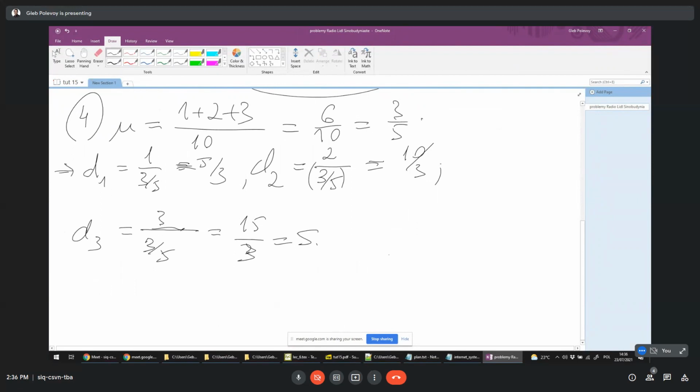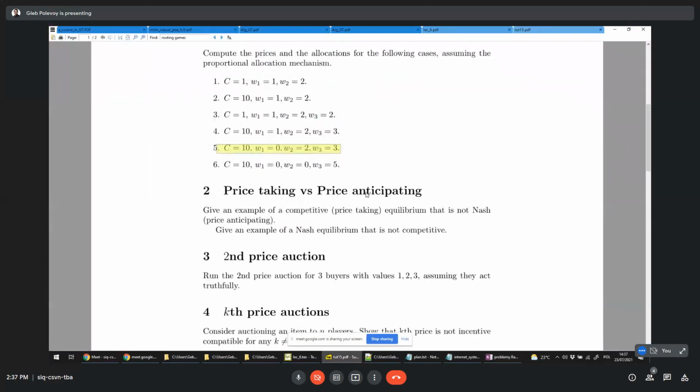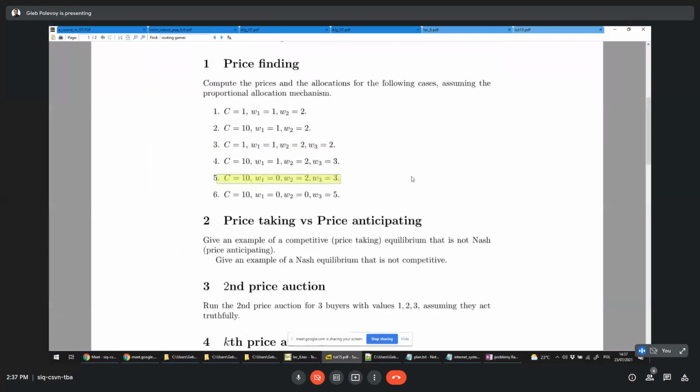Let's say the next exercise we're going to calculate these differently, just for practice. So the next exercise is what is the price? So tell me, what is the price here? 10 divided by 5. Why 10? Oh, right. No, it's 0 plus 2 plus 3 divided by 10.